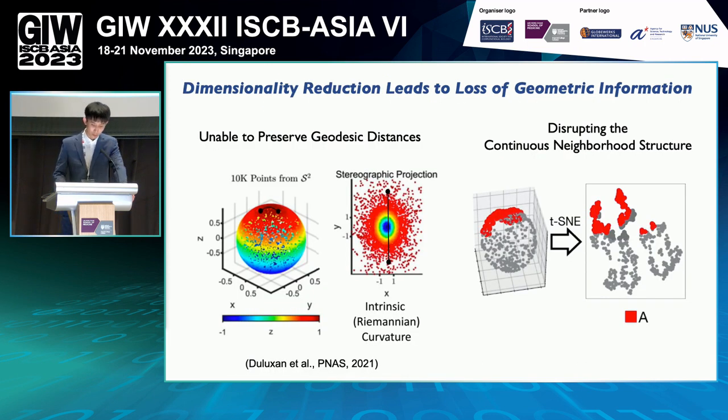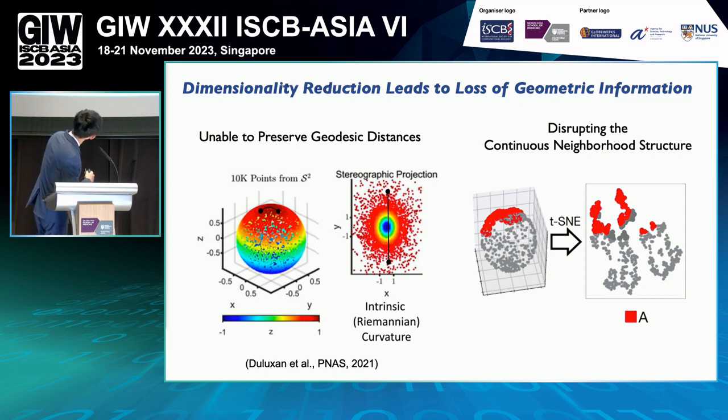However, dimensionality reduction comes with the drawback of losing geometric information. For instance, it can't preserve geodesic distances. Consider 2 points on the sphere.